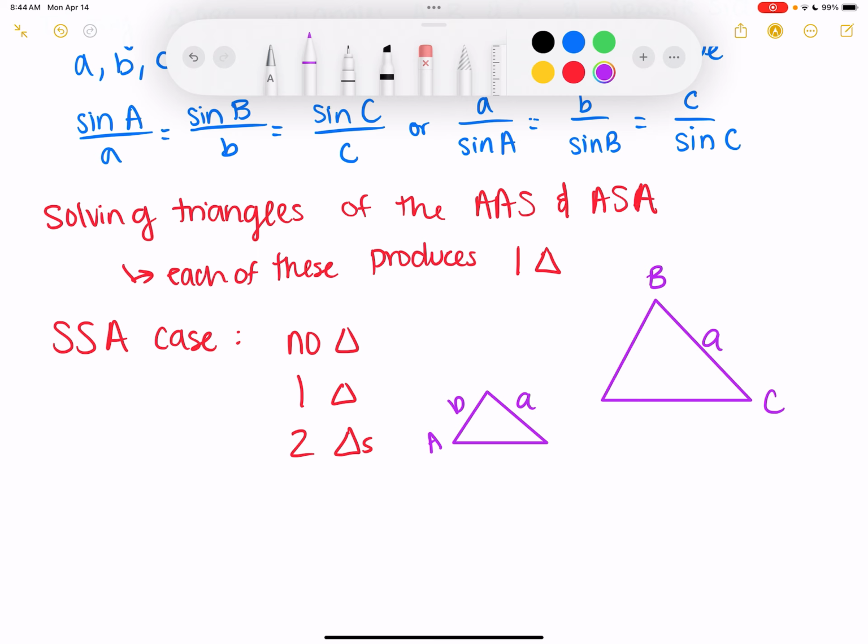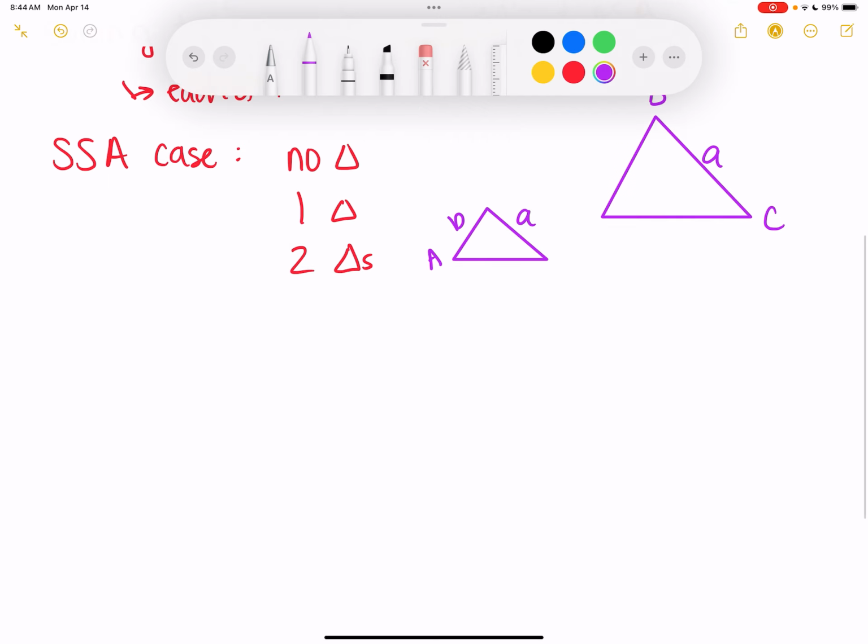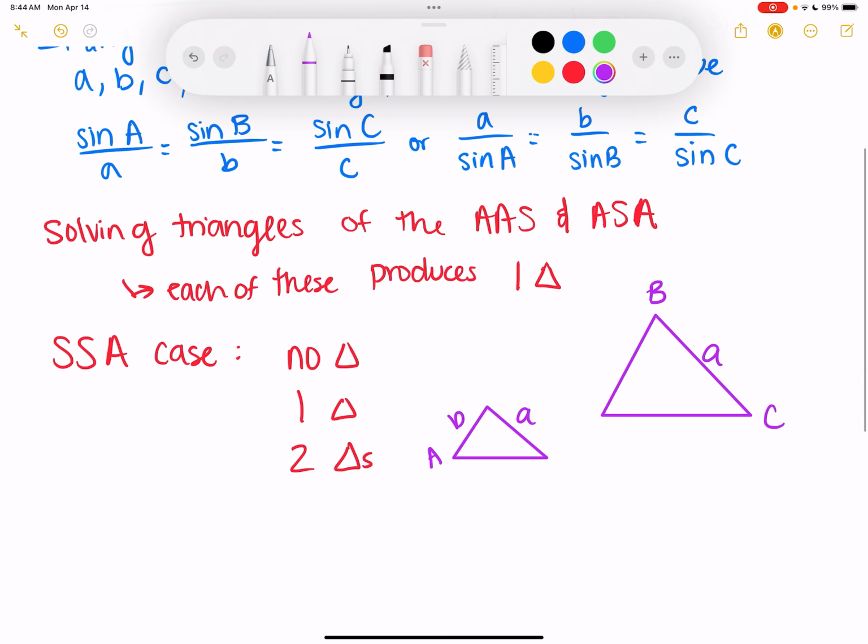Your life will be much easier if you do it this way because all of our little charts and stuff that we're about to draw that will help you will be drawn this way. And then this side, and the side that goes with that angle is opposite of it. And like I said, we'll see a lot more of this because the primary purpose of this section is to teach you side, angle. But in the event that you have the other situation, it automatically produces one triangle.